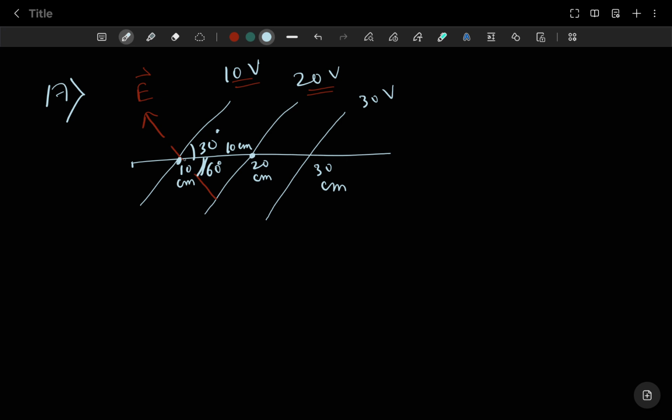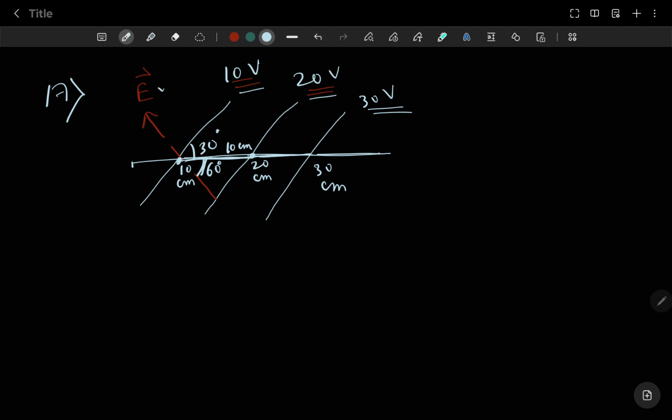In every 10 centimeter the potential or the voltage is being changed by 10 volts. So the rate of change of voltage with distance is the same at all points. In every 10 centimeter the change in voltage is 10 volt in the first case, the second case, the third case, and it will go on.